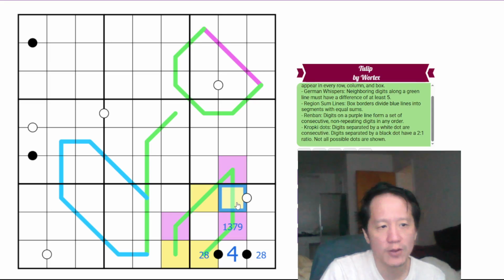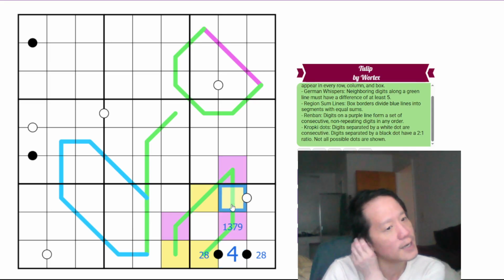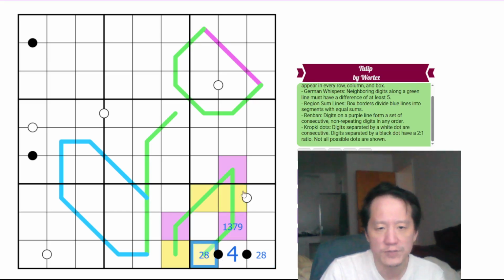This digit must be in between 2 of the other set on a German whisper line. 2 unique digits on a German whisper line. So this cannot be 4 or 6. It has to be 1, 3, 7, or 9 because it can't be 2 or 8.